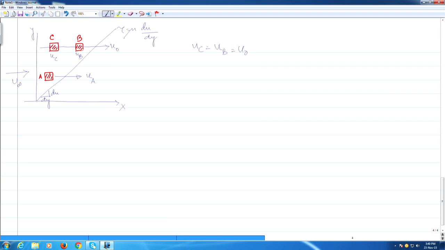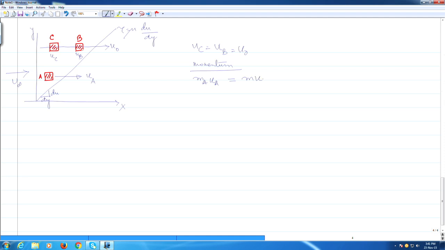Now let us also look at the momentum of the three particles. The momentum of particle A is M times UA, and we're going to say that all the three fluid elements have the same mass.